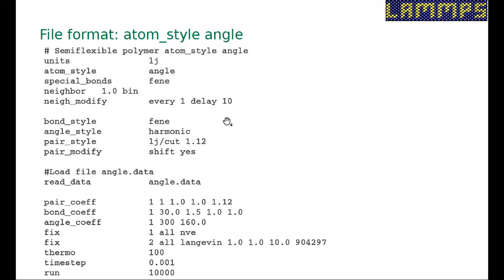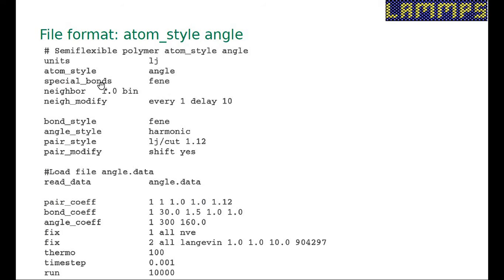Okay, so this is a minimum script where we show a simple semi-flexible polymer, a single semi-flexible polymer, using the atom style angle. So for the file format, atom style, we use angle. As you know, in the previous script examples, we use the Lennard-Jones units, followed by information referred to the bonds.